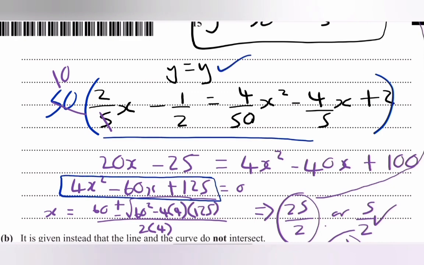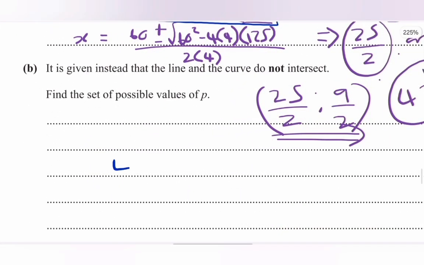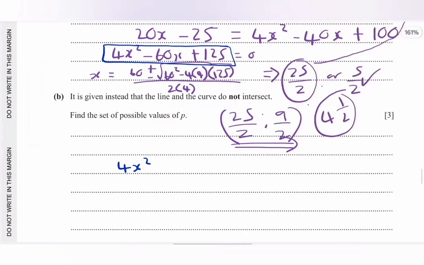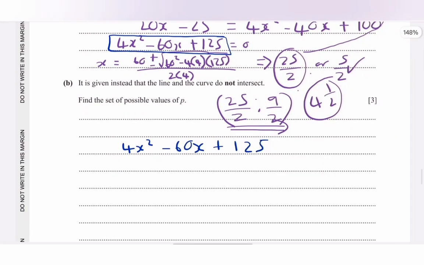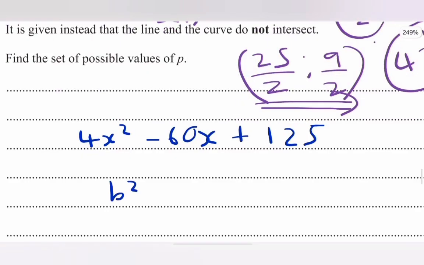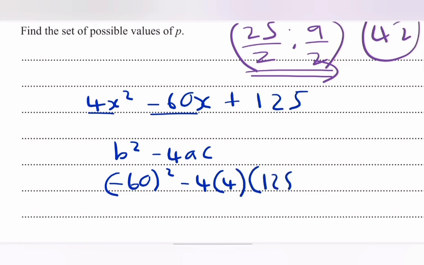But from here, we would refer to the discriminant. So just going to write that down here, 4x squared minus 60x plus 125. Now with this, we refer to the discriminant, which is our b squared minus 4ac, and we know our b is minus 60, so we're saying minus 60 squared minus 4, our a is 4, and our c is 125.